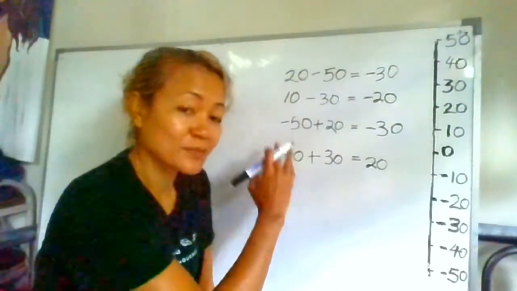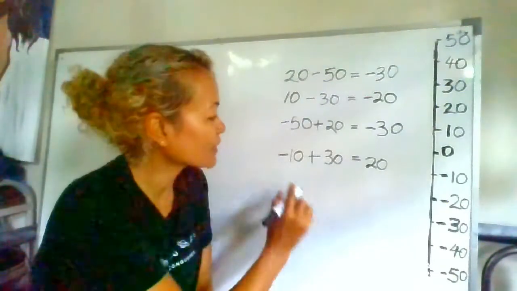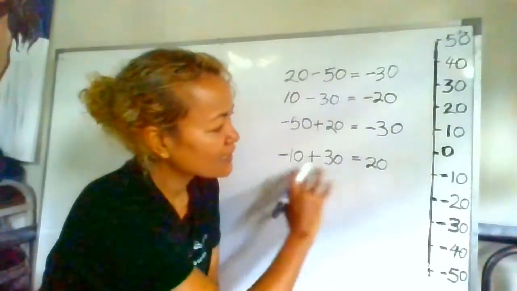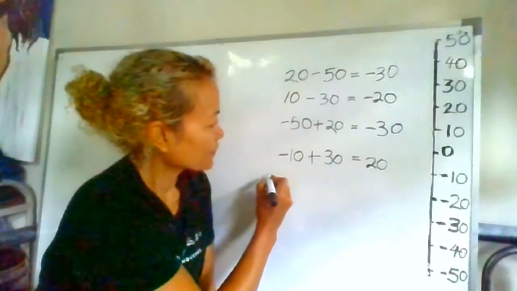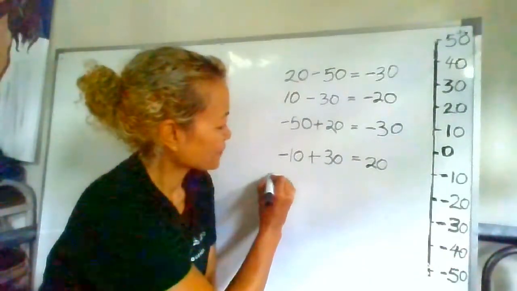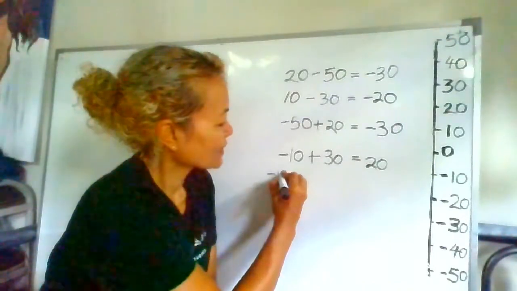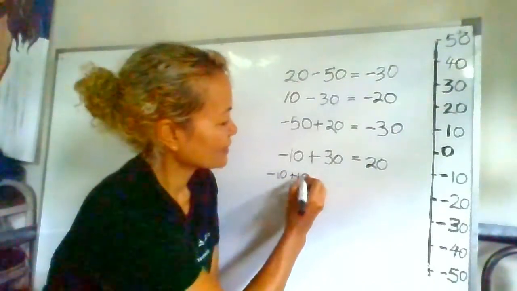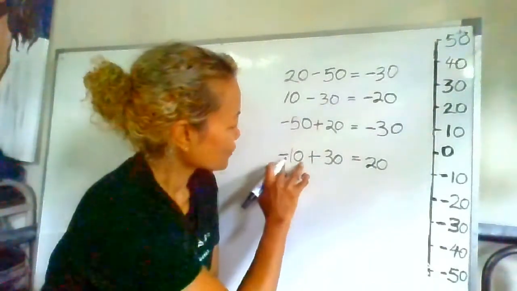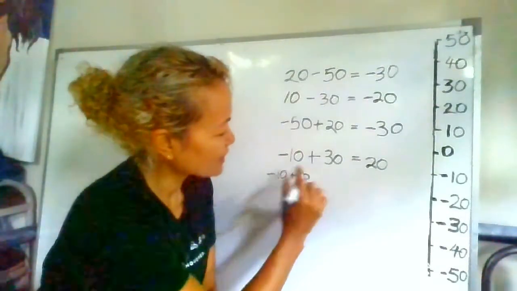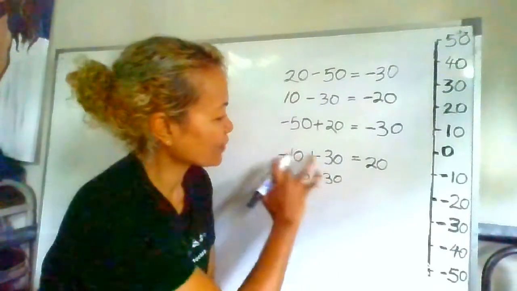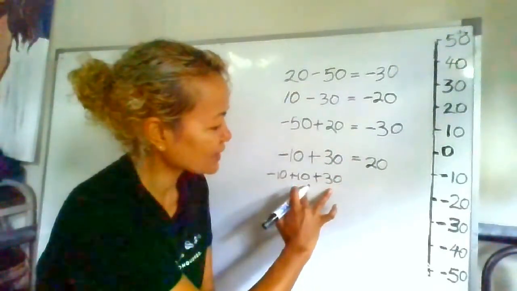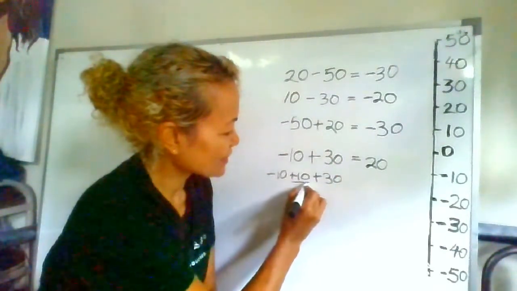Plus 10, because minus 10 plus 10 equals 0, right? So plus 10 here, which means I must plus 10 on this side. So let's write it down. Minus 10 plus 10, just put it in the middle, and then this. So minus 10 is here, I have plus 10 here, and plus 30 is still here. So everything on the top I brought down here, except I've added this plus 10.